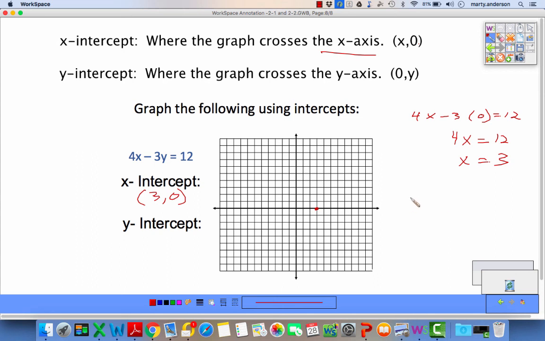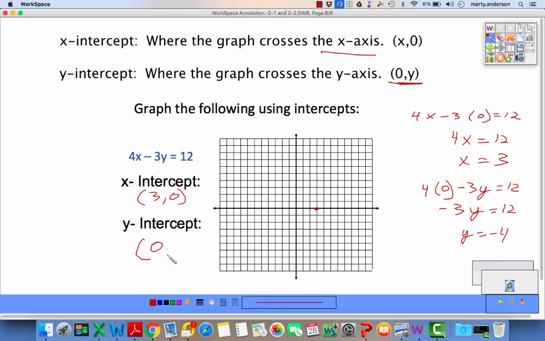Plot it. Y-intercept. It's going to be when the x value is 0. Think about the y-intercept. We're not going left or right, which means I'm dictating that it's 4 times 0 minus 3y equals 12. 0 minus 3y equals 12. And then y equals negative 4. Watch your sign.